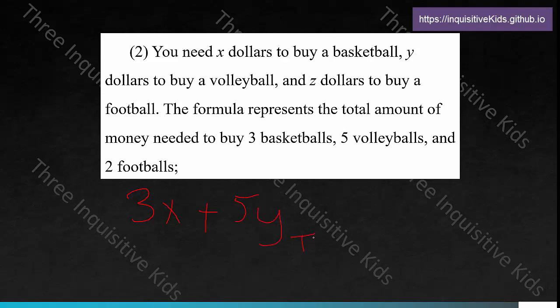And the same with the next one. We have 2 footballs, and each football costs us Z dollars, so that's 2Z dollars. And that is going to be our answer: 3X plus 5Y plus 2Z dollars.